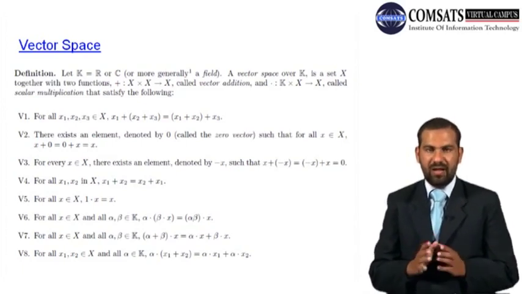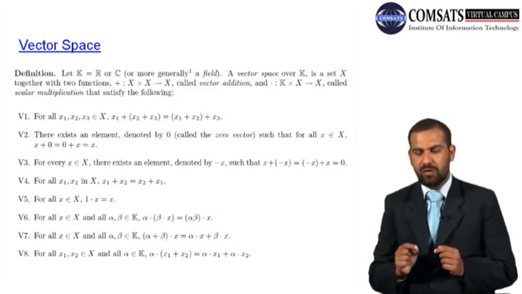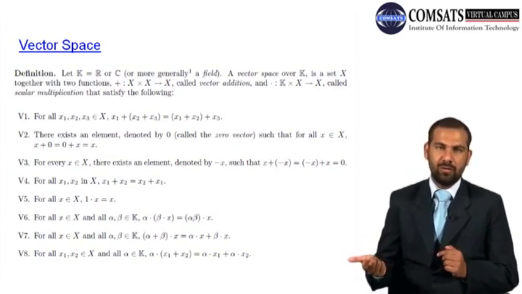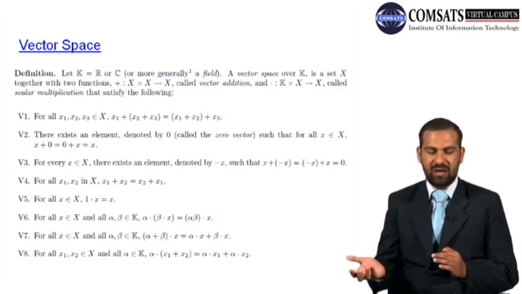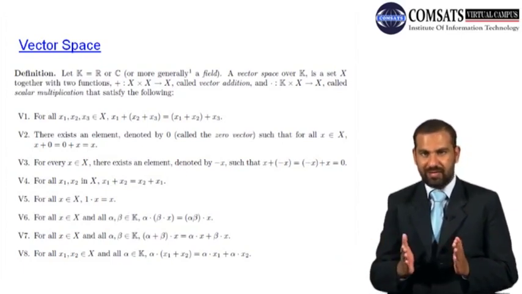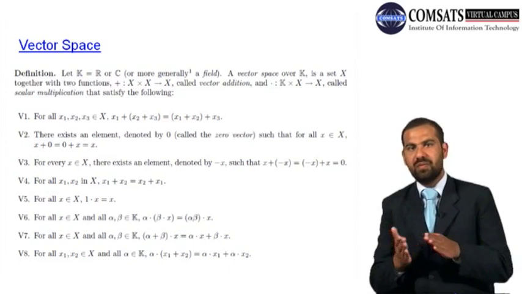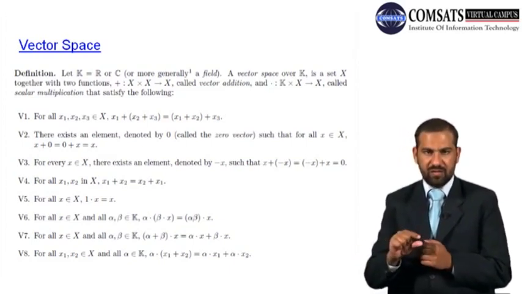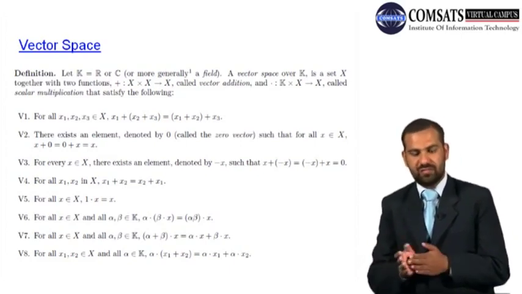That is, whenever you add x with minus x, you obtain the same as minus x plus x, and the conclusion is 0, meaning you obtain the zero vector or null vector. So the inverse of each element of that space must be contained in that space.